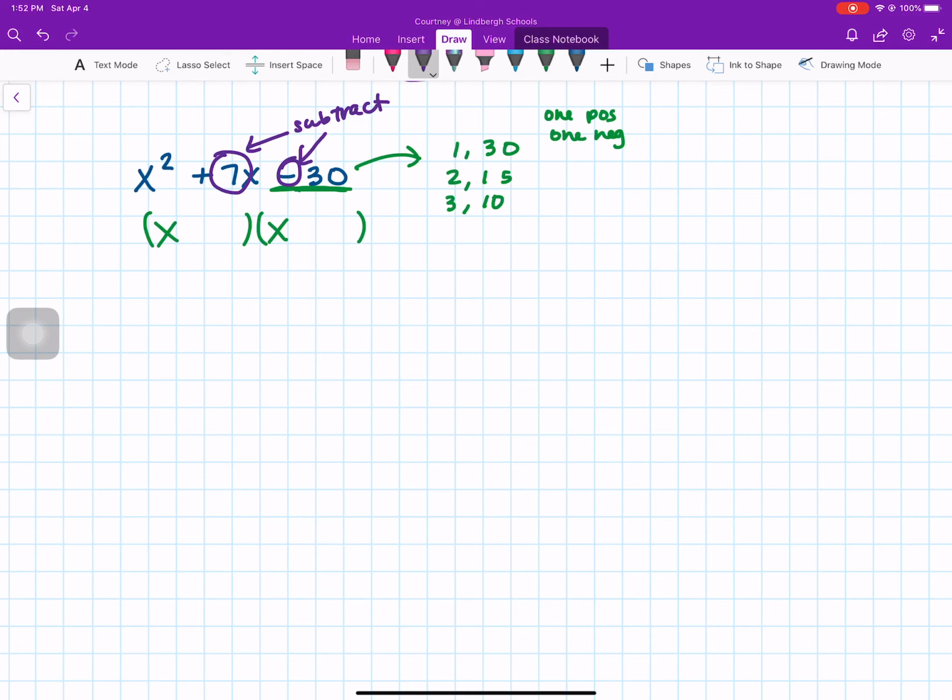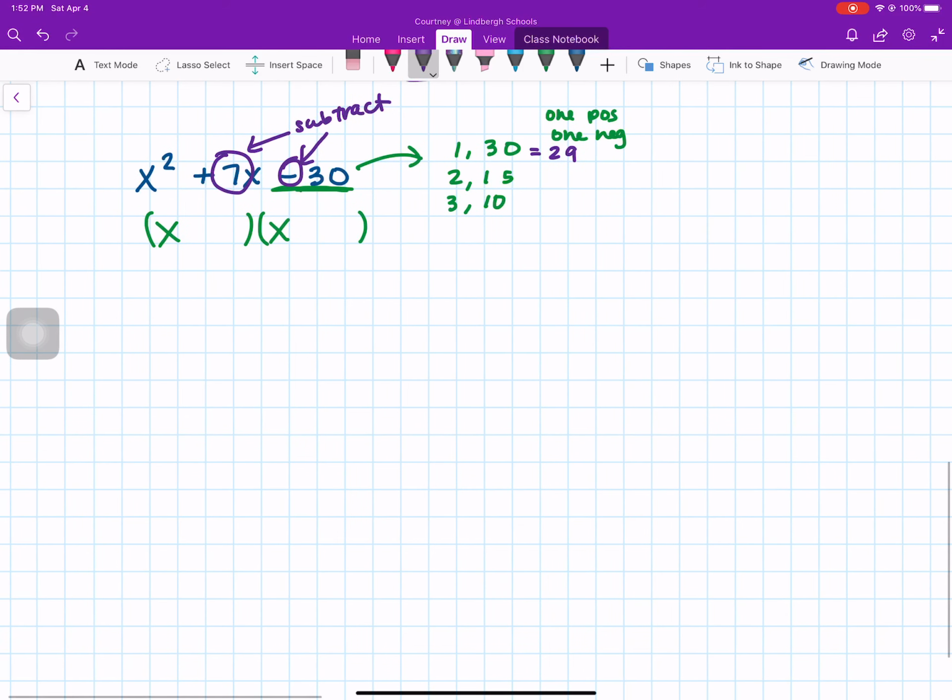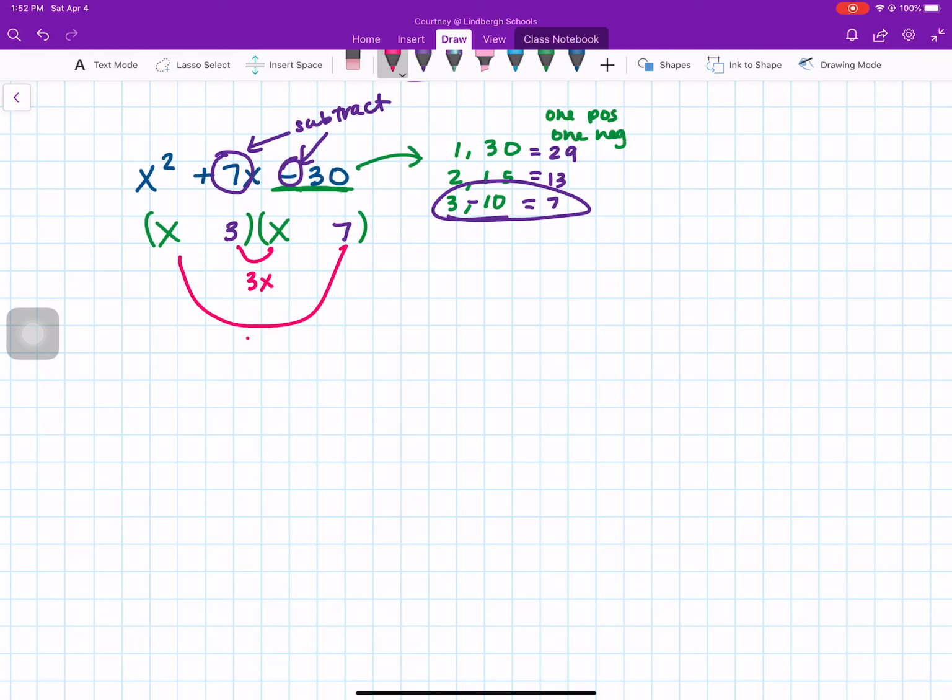So if you just do a bit of subtraction, we'll worry about positives and negatives later. But 30 minus 1 is 29, 15 minus 2 is 13, and 10 minus 3 is 7. So this is the pair that we want, 3 and 10.